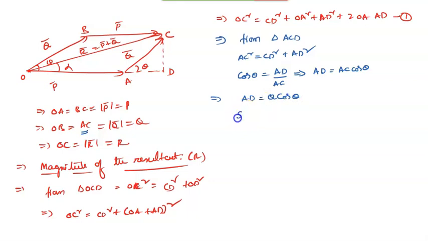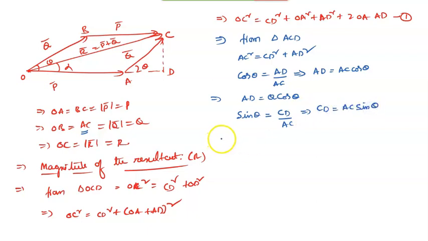Similarly, sin theta from this triangle ACD is equal to opposite side CD by hypotenuse AC. So CD is equal to AC sin theta.